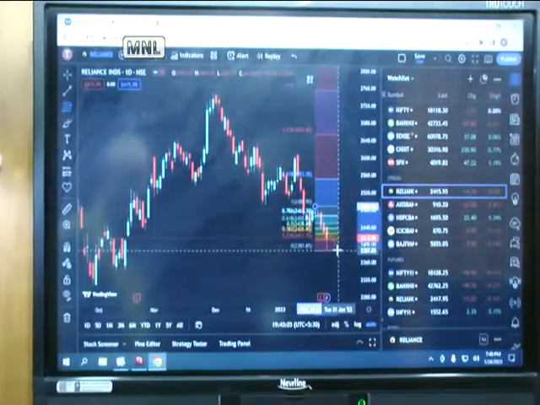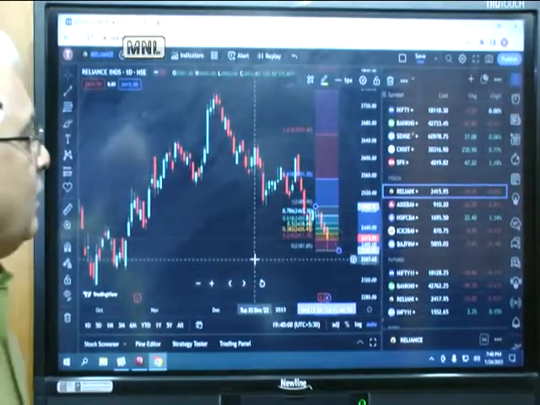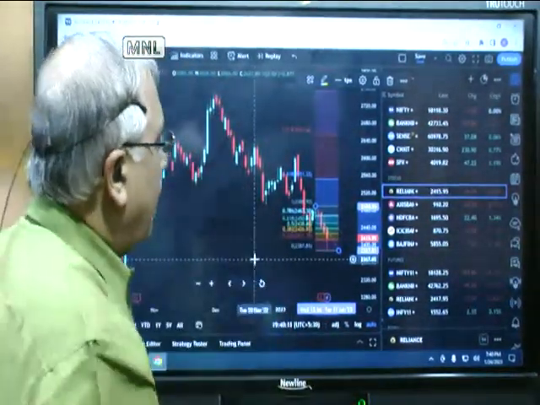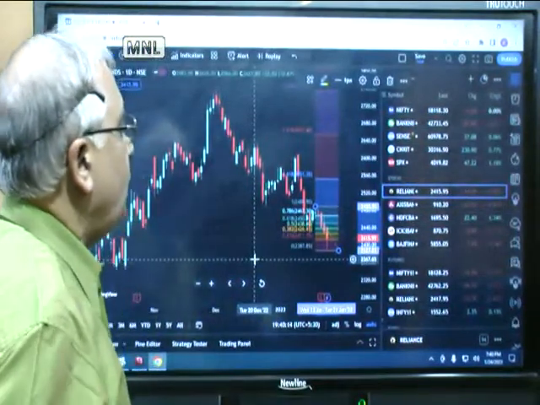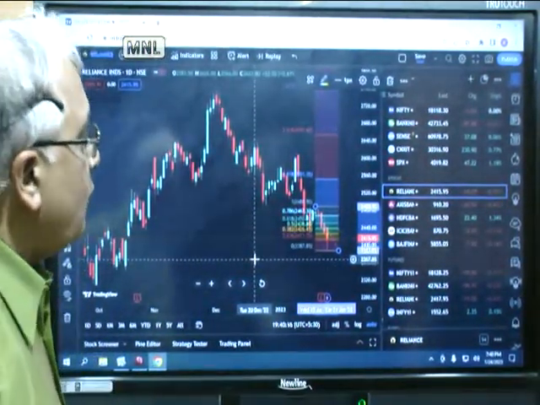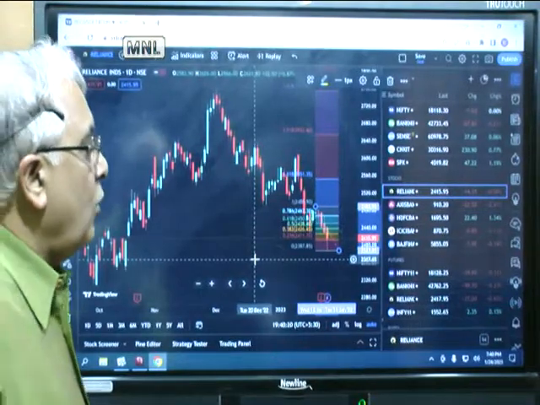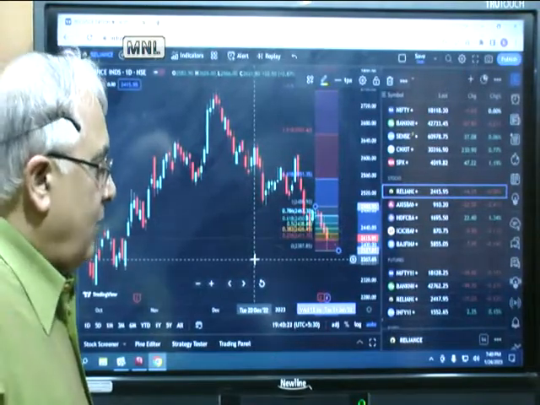To what extent it can come is a 78.6% retracement, which is 2467. But we have got multiple resistances now coming. It has closed about 2411. If you see, the 23.6% retracement has been taken off, which is 2411.